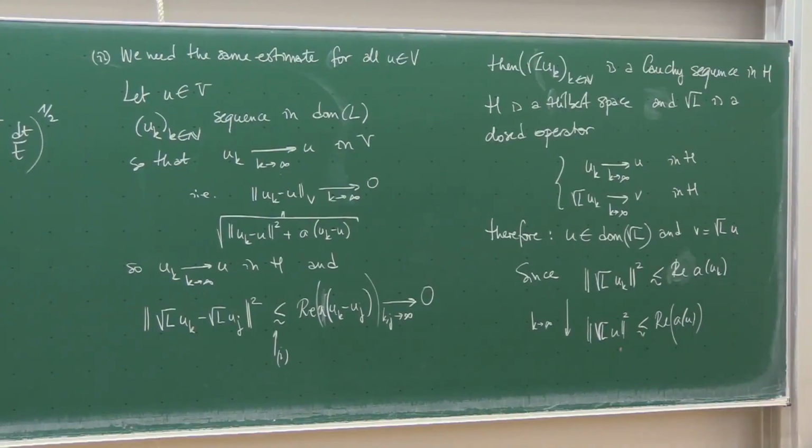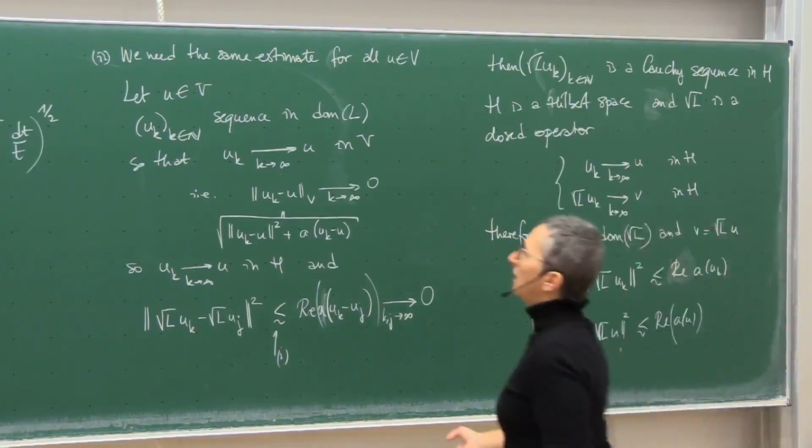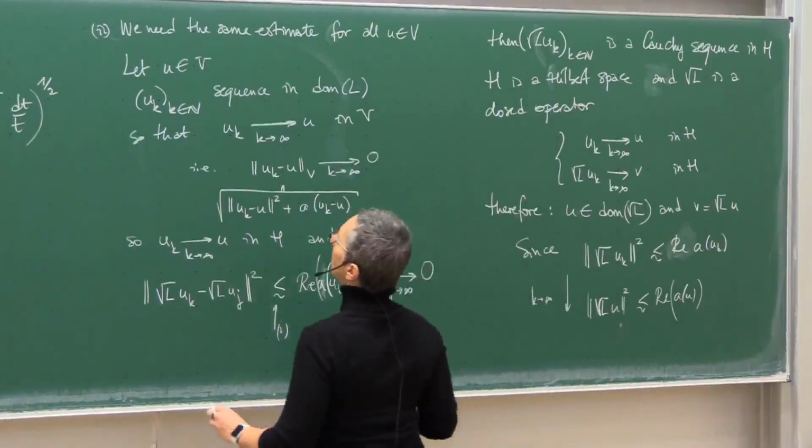And now it remains to prove what I said at the beginning. So if we have A or B satisfied by both L and L star, then we have the square root property, the Kato square root property.